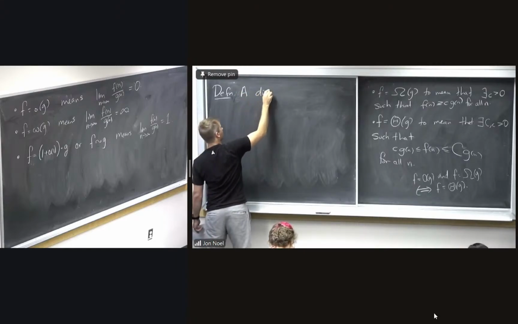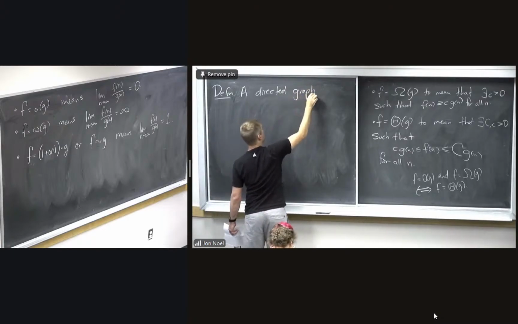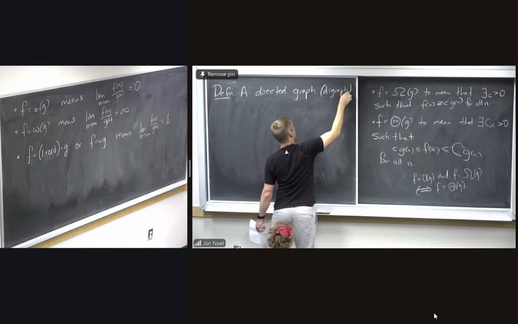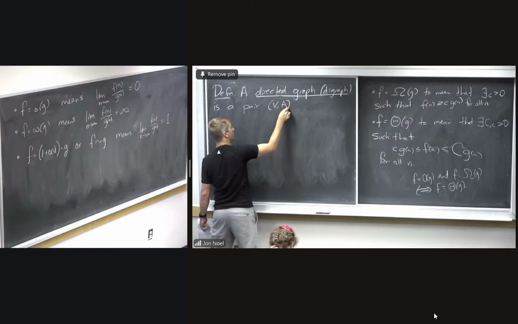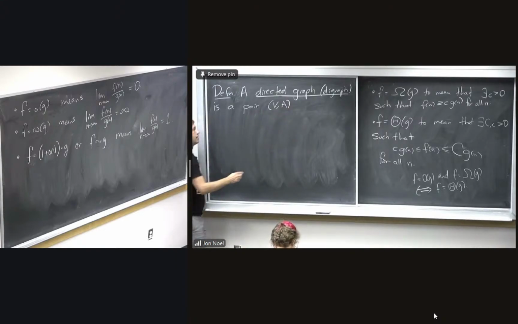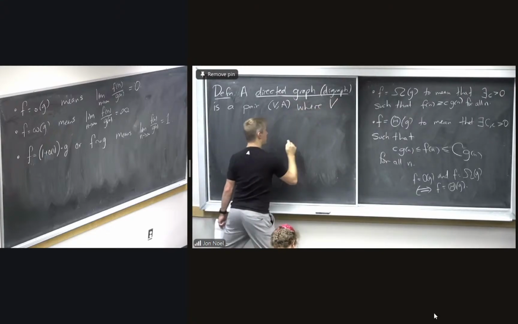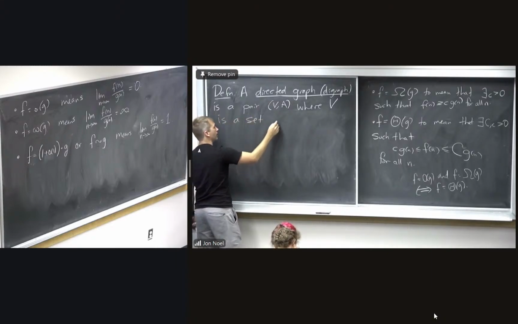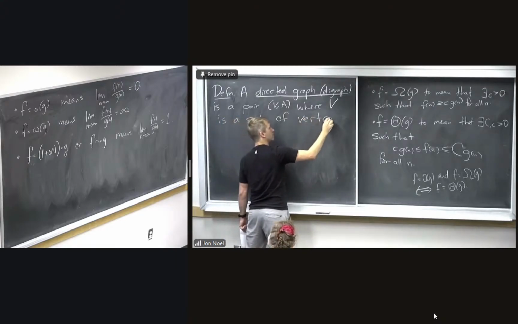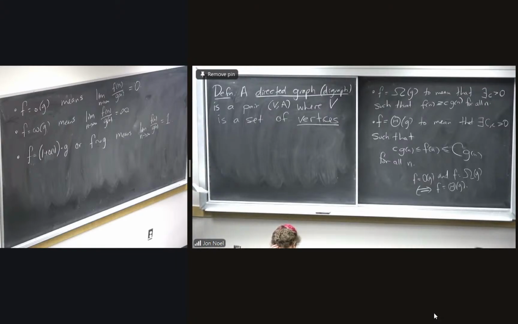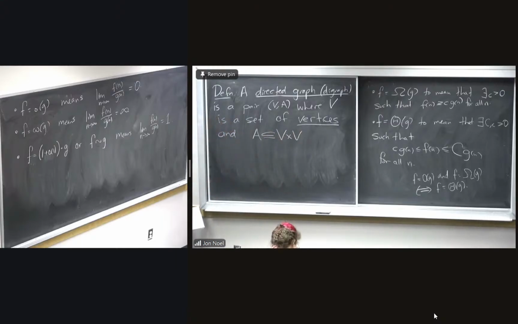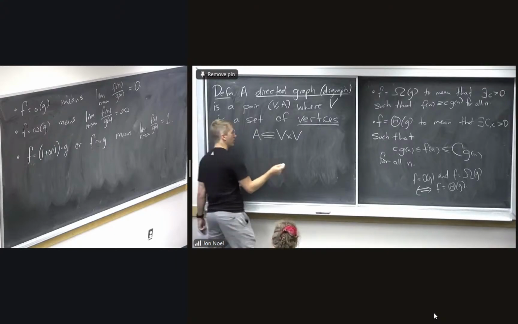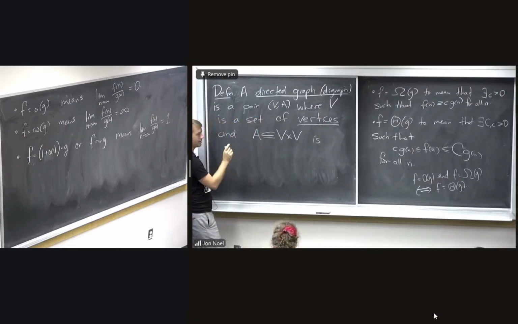A directed graph, or digraph for short, is a pair V, A where V is a set of vertices and A is a subset of V cross V. So in other words, everything in A is an ordered pair of vertices.